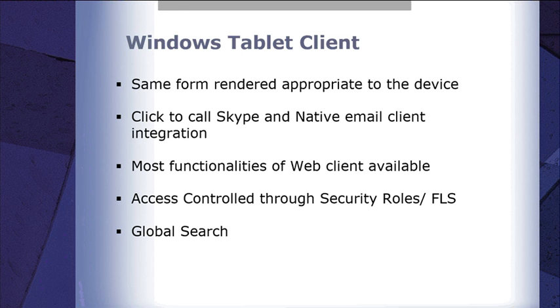But with the Windows Tablet client, they have tried to achieve that, wherein you can really live with the Windows Tablet client without having to use your Outlook client or your web client. Obviously, the administrators would need to use the web client, but for end users, the Windows Tablet client would allow you to do just about everything that you would otherwise do on a web client.